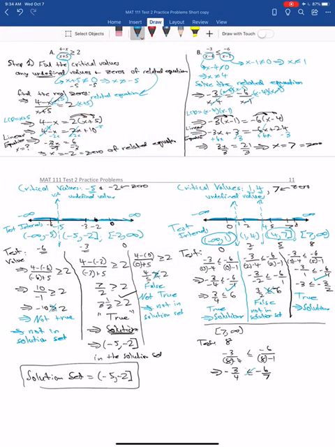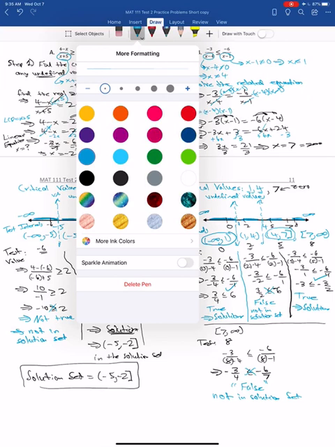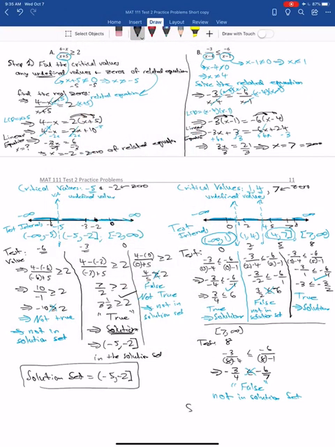So again, we'll go ahead and X that one out. That was false. No solutions. Not in solution set. So let's write our conclusion. Of the 4 intervals that we tested, only 2 make up the solution set. So we'll write that down here beneath it.